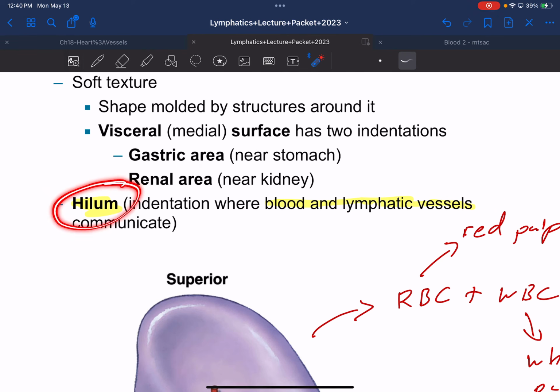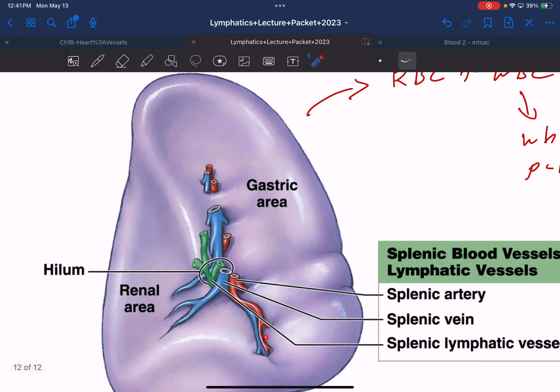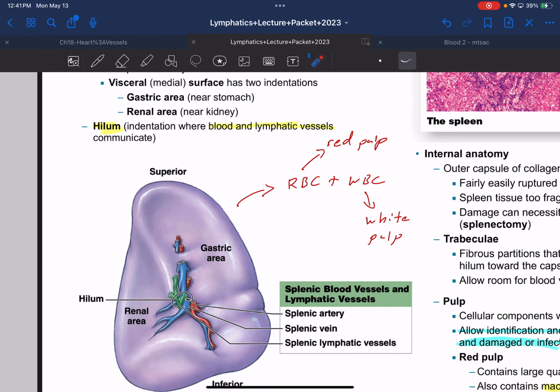In the respiratory system, the root of the lung, the hilum, is an indentation where the bronchus and the major blood vessels, pulmonary arteries and pulmonary veins, enter and exit the lungs. Here, hilum, it's an indentation where lymphatic vessels, veins, and arteries can be supplied to the organ.